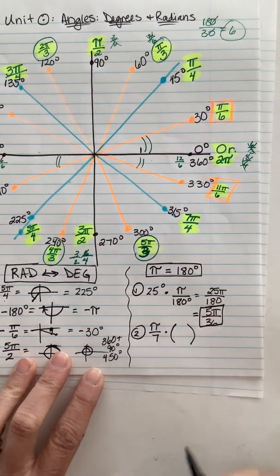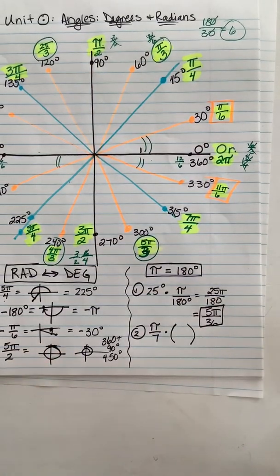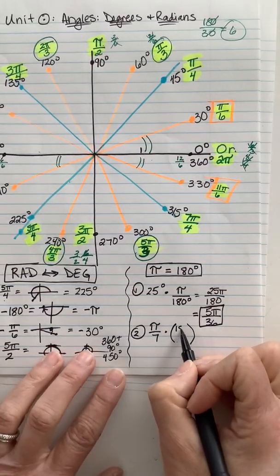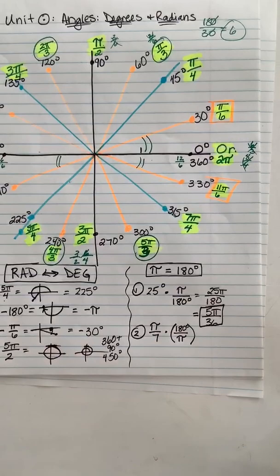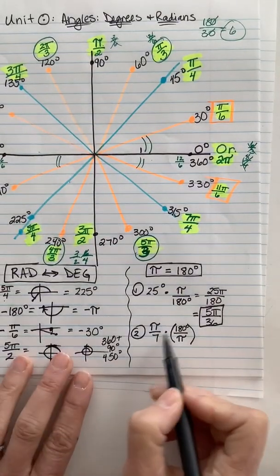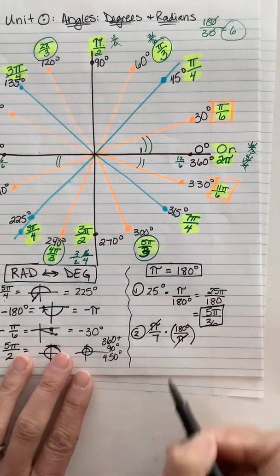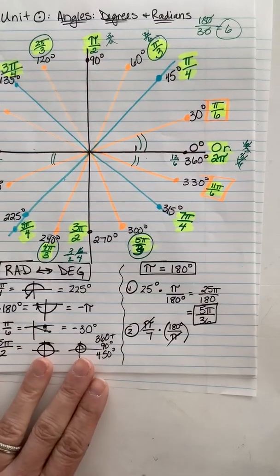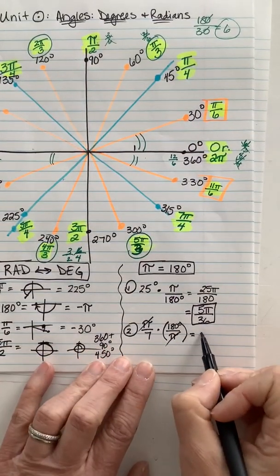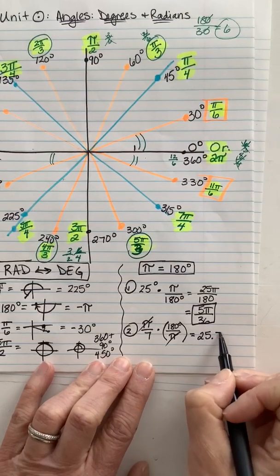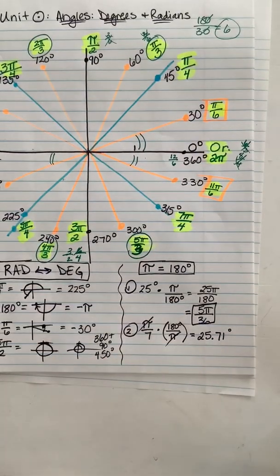And this time, if I want to end up with degrees, we're going to multiply by 180 degrees in pi radians. As I multiply across, I can see pi's divide out, which means I end up with 180 degrees divided by 7, which actually ends me up at 25.71 degrees, which is pretty cool.